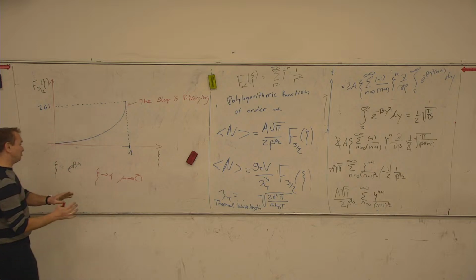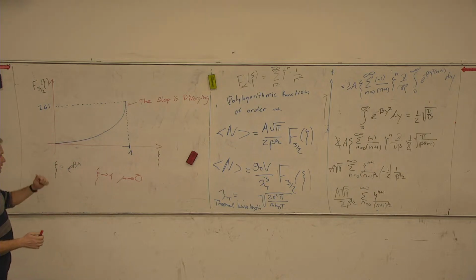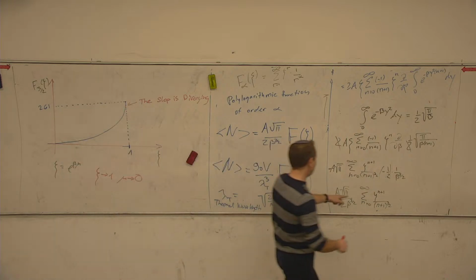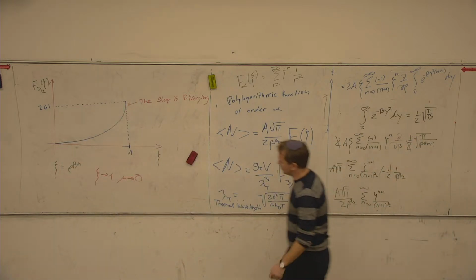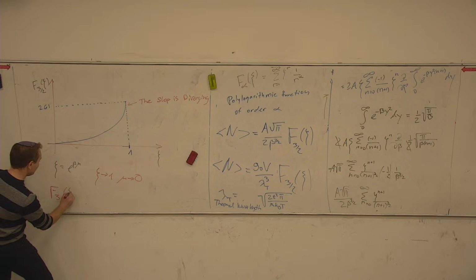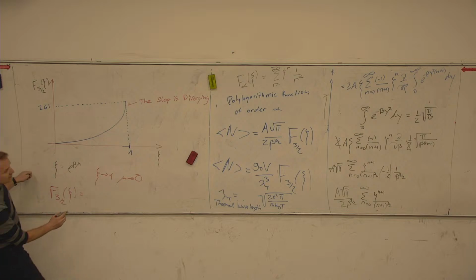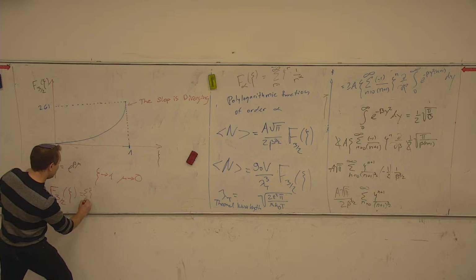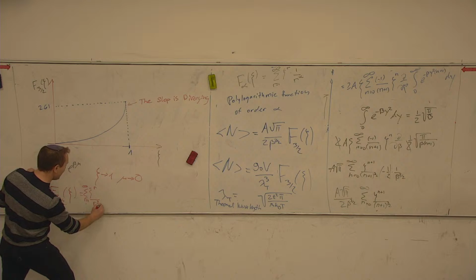Now, great, but the divergence may be rooted inside this function. So think about it. What is this f_{3/2} of fugacity? It is the sum over r from 1 to infinity of z^r divided by r^{3/2}.